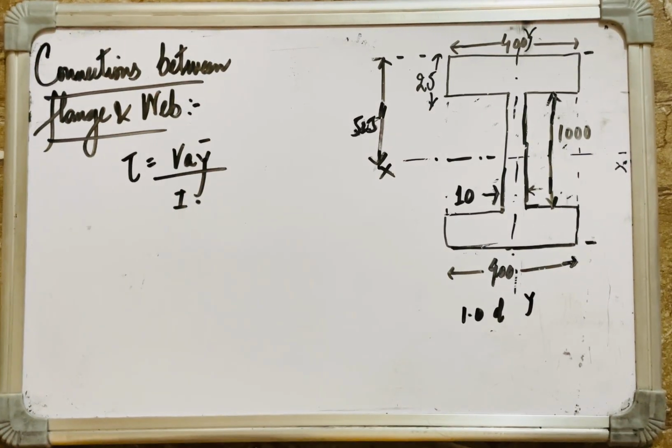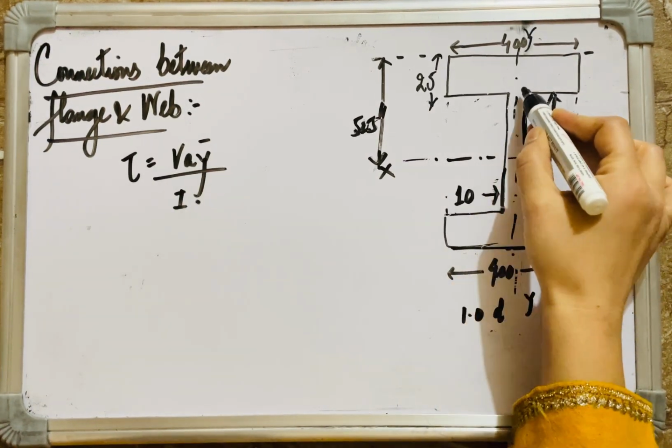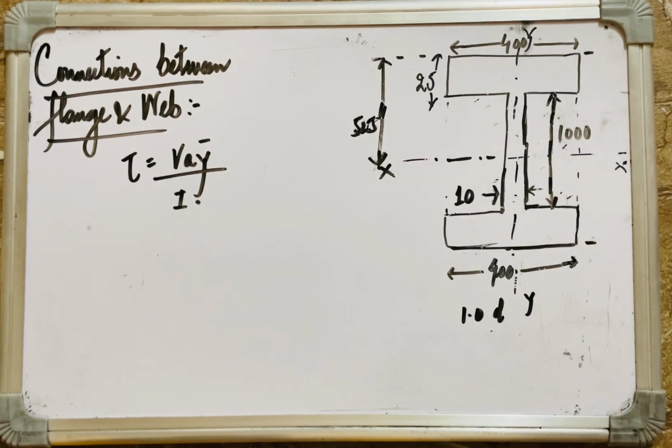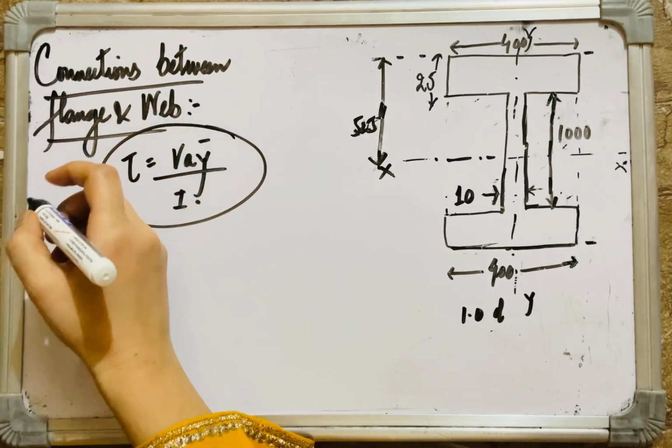All right, we are designing the connections between flange and the web, and these flanges and web need to be connected by welds. The connections between flange and web are designed to resist a maximum horizontal shear force, which is given by this. I'll write it down.